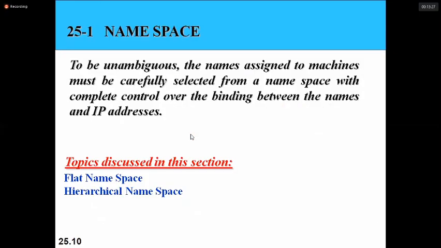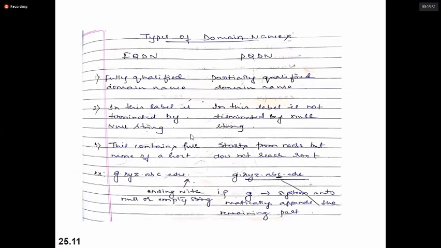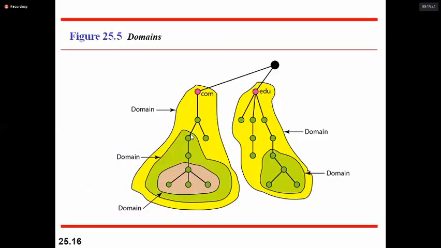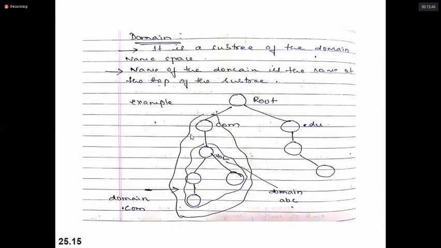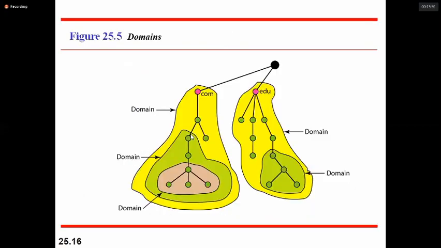Then we moved on to the types of domain names. So we have fully qualified domain name as well as partially qualified domain name. By this time you know what these two are. Then we moved on to domains, and you know that domains are based on a subtree category in which the name of the domain is at the top of the subtree. From then I moved on to how the DNS would look in the internet.